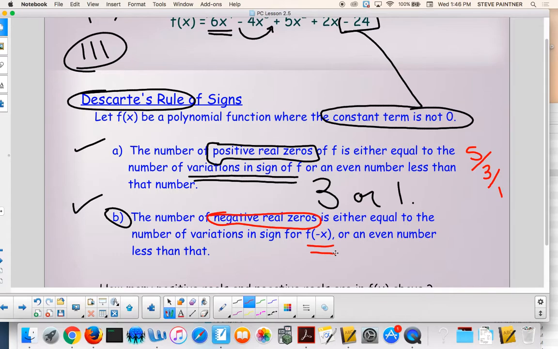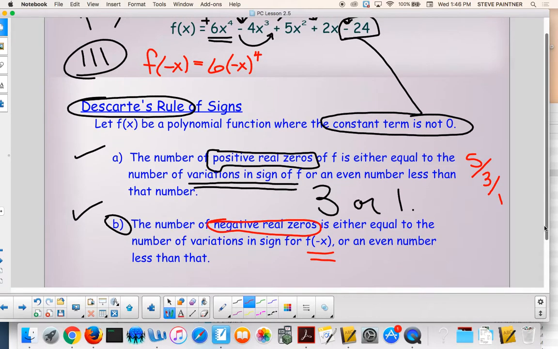So I got to go up here and do the work. Be careful when you do this one. This one says 6 times negative x to the 4th, minus 4 negative x to the 3rd, plus 5 negative x squared, plus 2 negative x, minus 24. Do the work. Here we go.